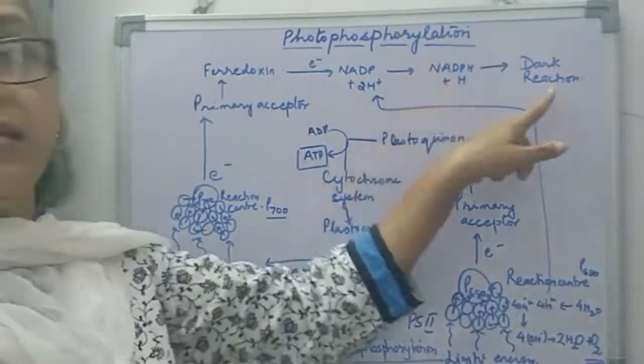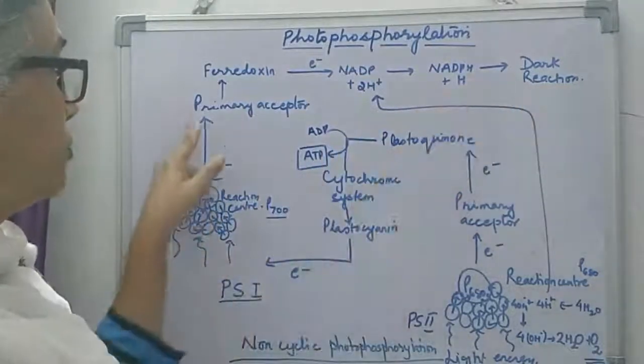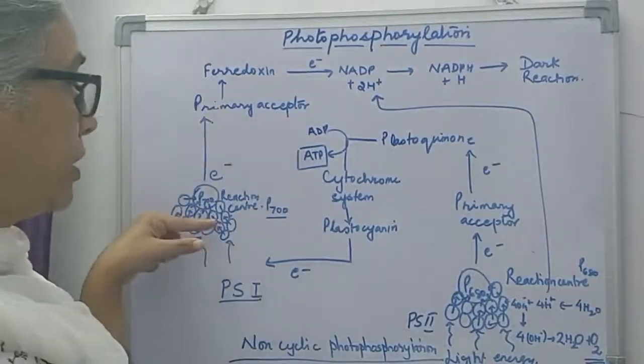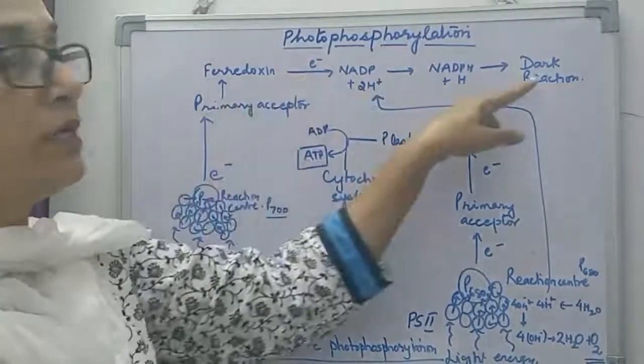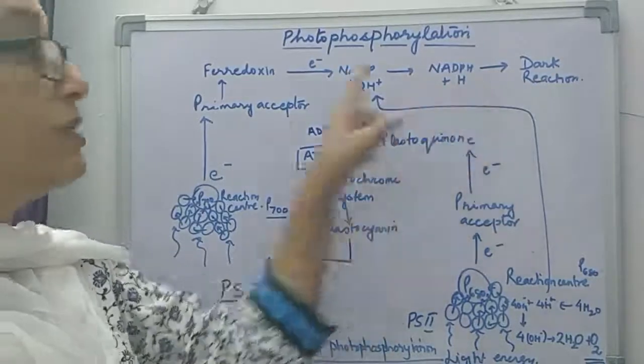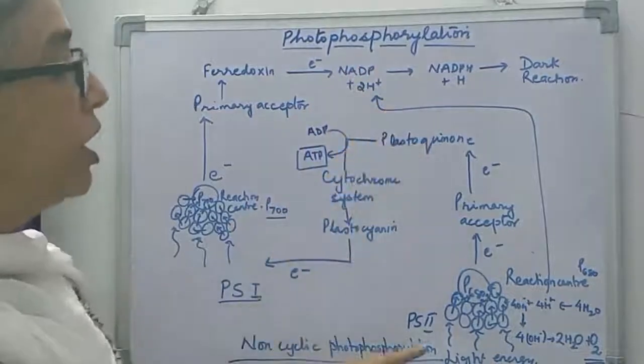This NADPH is then utilized in the dark reaction. So this electron emitted from photosystem 1 does not come back to photosystem 1 but is used for the formation of NADPH. So we call it non-cyclic photophosphorylation.